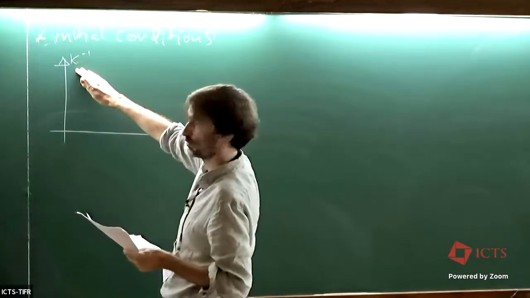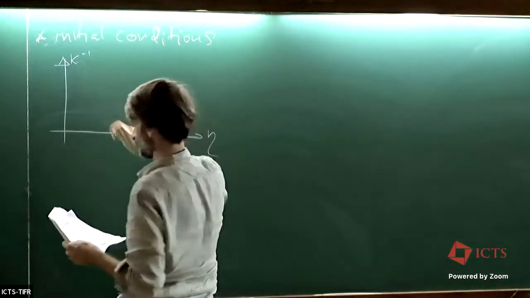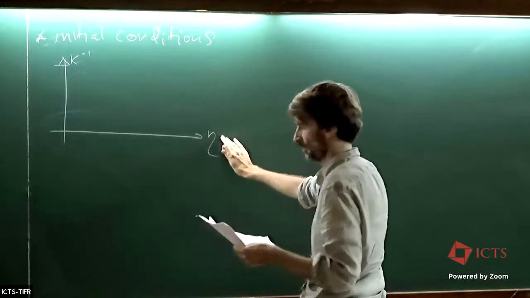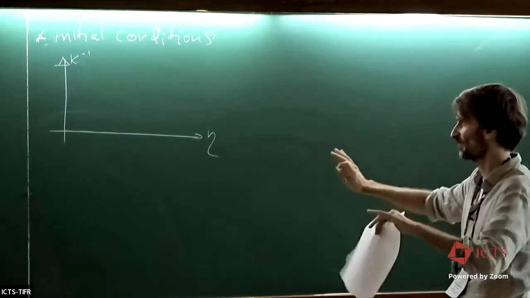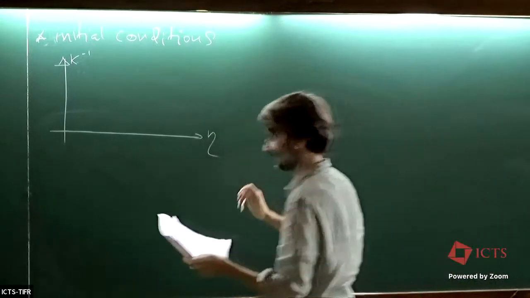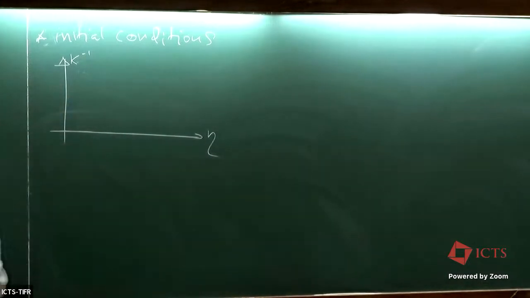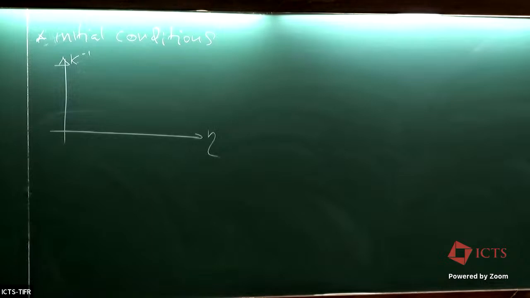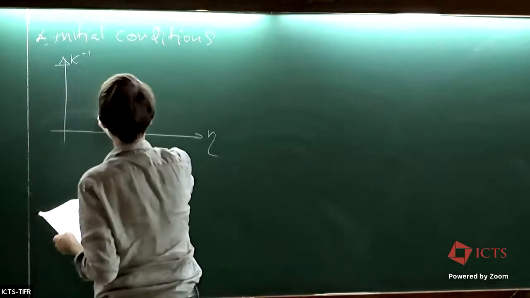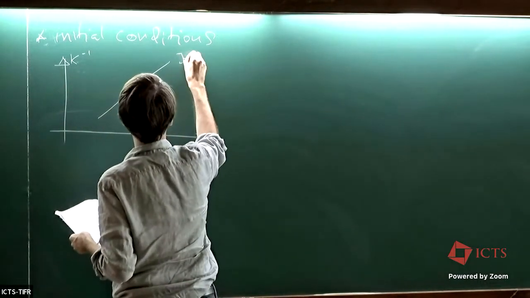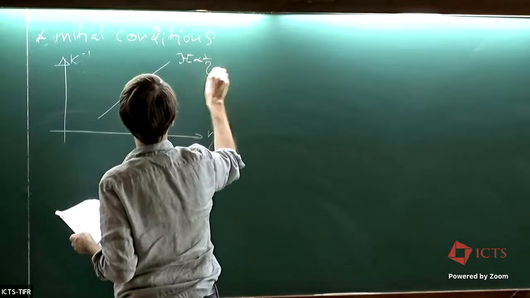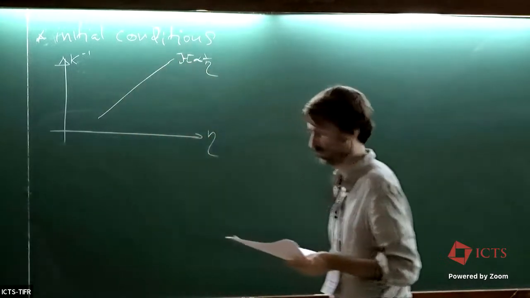This is the co-moving momentum scale, and this is co-moving time. I always like to do everything with co-moving coordinates because then things are simple. Then the co-moving Hubble scale is just a straight line.